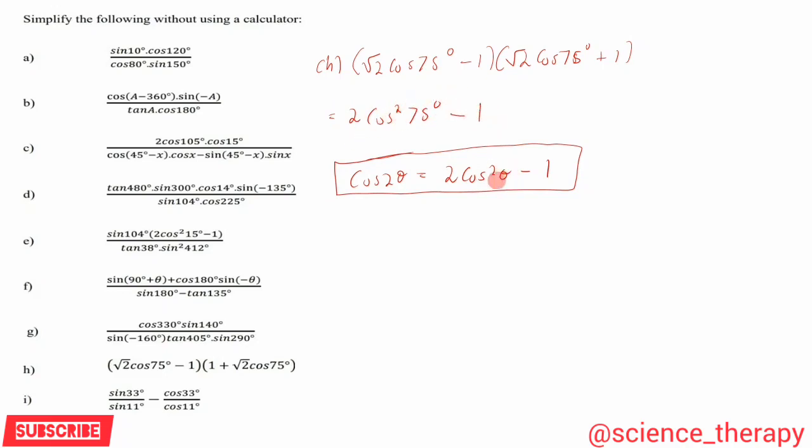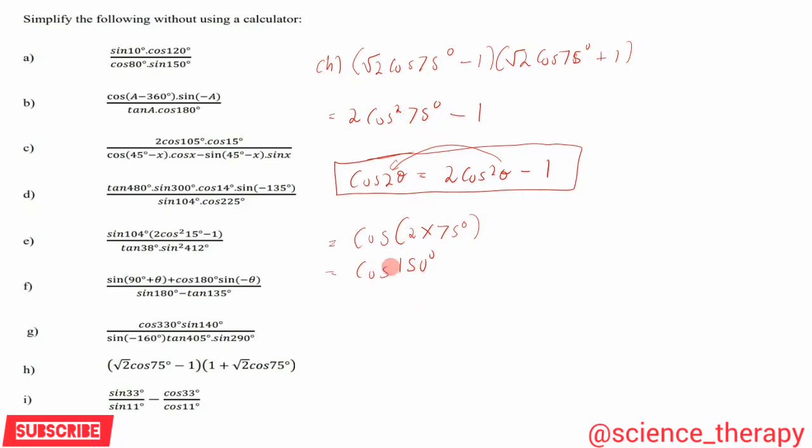Now when we are changing it to the double angle, we must multiply the theta by 2, because here we are putting a double angle. So this will give us cos of 2 multiplied by 75 degrees, which will end up being cos 150 degrees, which is a double angle of 75 degrees.